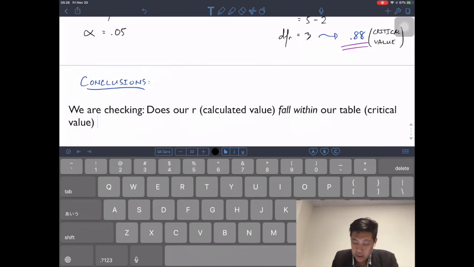Okay, your hint here is to remember to treat this like a two-tailed test, and I'll tell you what that means in a moment.